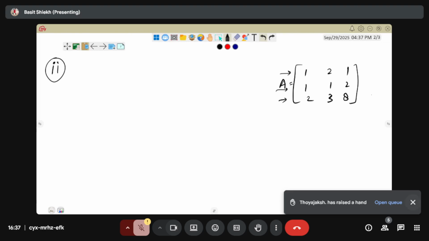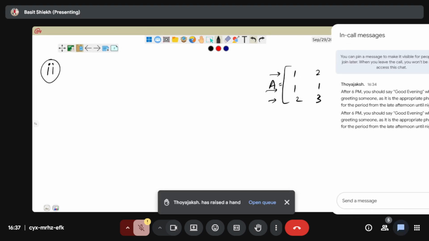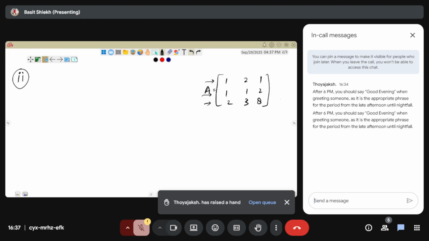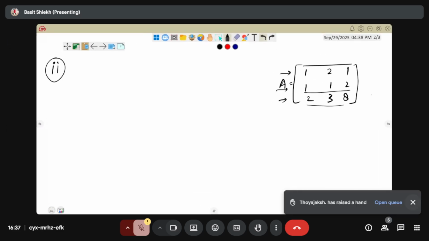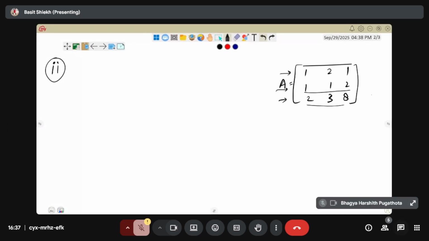We can multiply a non-zero real number to one of the rows, or sometimes two rows, sometimes all rows. That we will also treat as an elementary operation: multiplication to the elements of any row or column by a non-zero number.